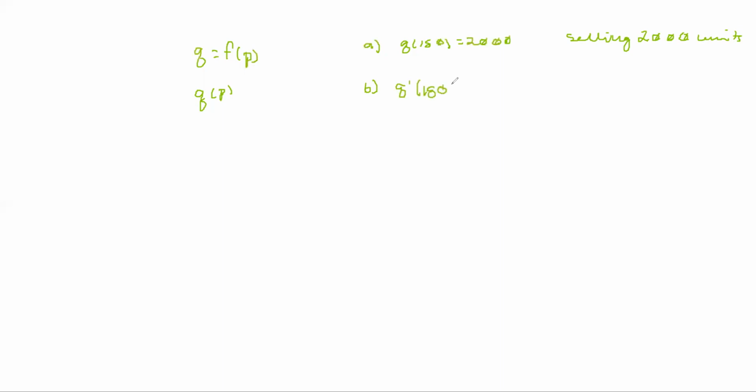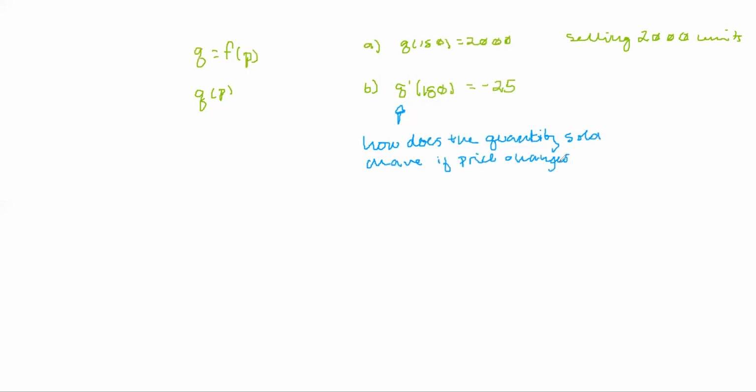What we talk about when we talk about a derivative is rate of change, obviously. So this is: how does the quantity sold change if price changes?